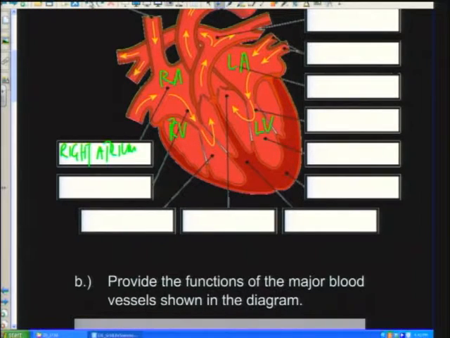Difficult to say, all right, this one here would become the right ventricle. This would be the left atrium, and that would be the left ventricle.